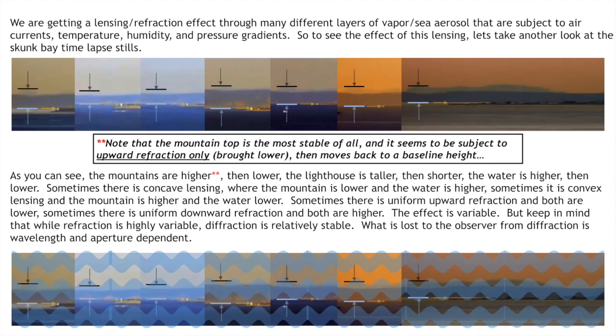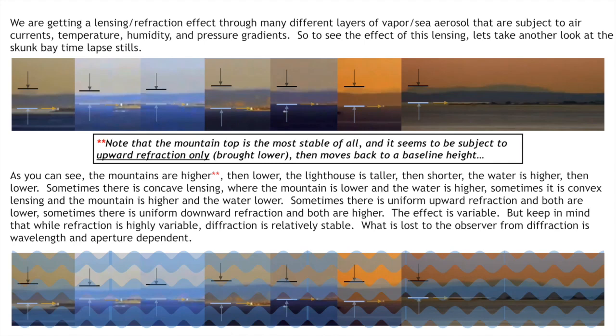We'll mark the building, the lighthouse, with the yellow arrow, its position, and we'll mark the water line where it meets the shore along that distant mountain range with a blue line, and we'll mark the top of the mountain with a black line. And you can just see how those change within different atmospheric effects along the way.